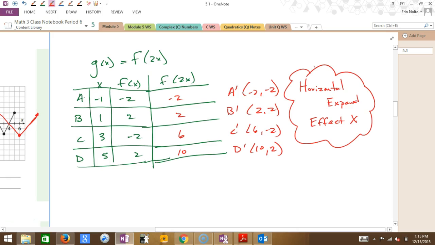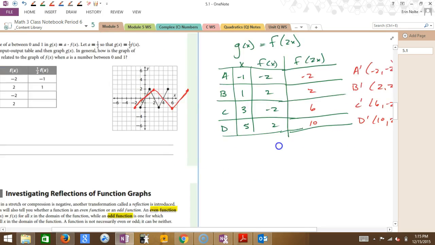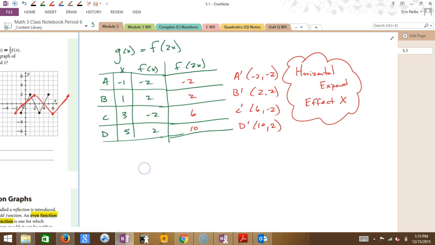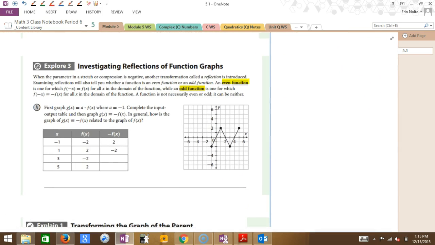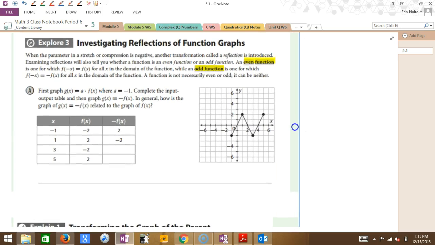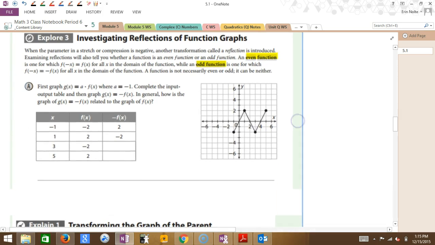Okay, so bottom line: stuff that happens on the outside affects what? Up and down, your y. And stuff that happens on the inside affects the x. Horizontal expansion.